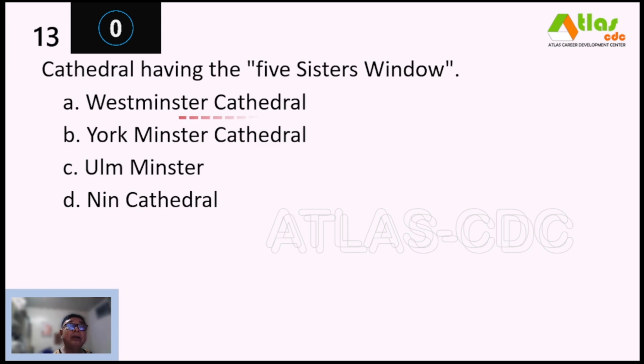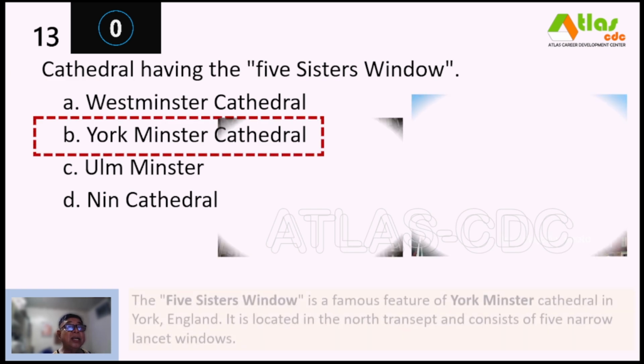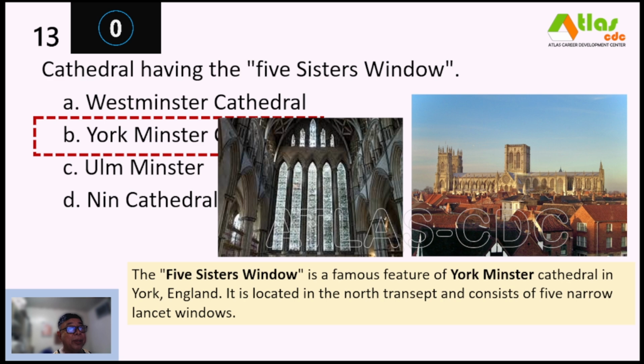And our correct answer is B. York Minster Cathedral. So the Five Sisters window is a famous feature of York Minster, the cathedral in York, England. It is located in the north transept and consists of 5 narrow lancet windows.